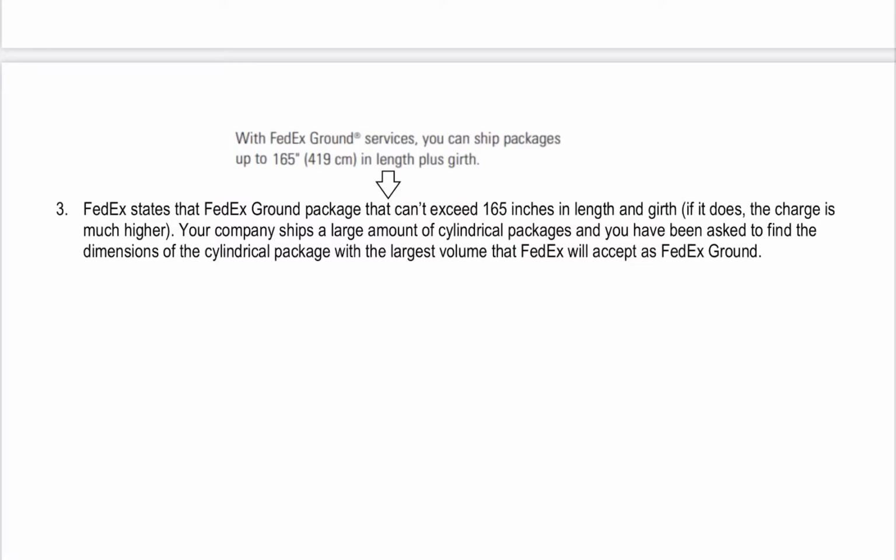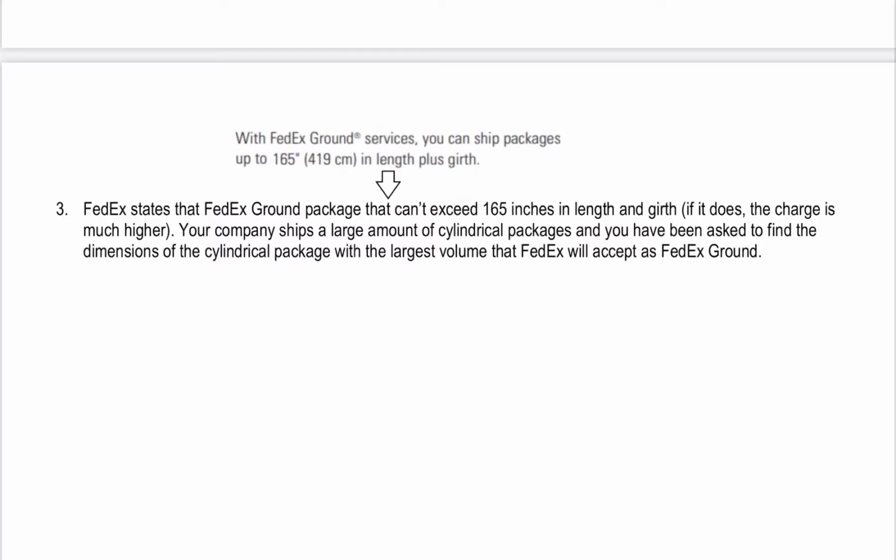So we're continuing our optimization and we're looking at example 3 here. It says that FedEx states, and the little comment here above the arrow is directly from a FedEx website, a little screen capture, that a FedEx ground package can't exceed 165 inches in length and girth.